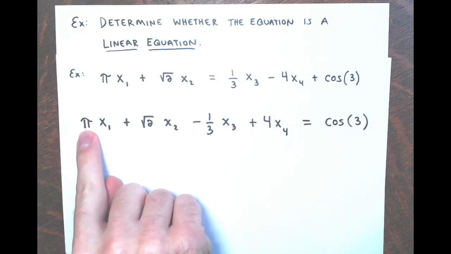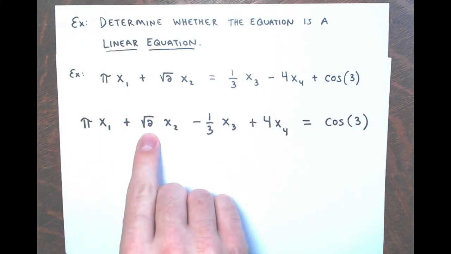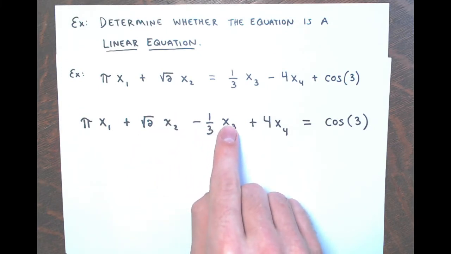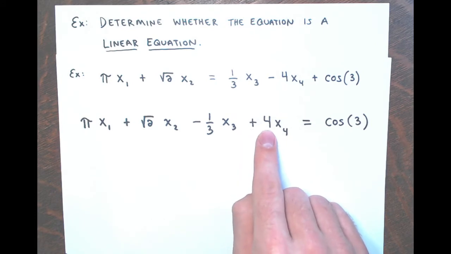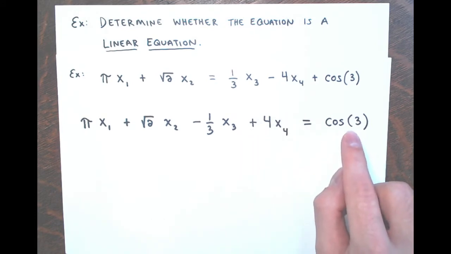It's a real number times a variable to the first power, plus a real number times a variable to the first power, plus a real number times a variable to the first power, plus a real number times a variable to the first power, equals a real number, about negative 0.99.